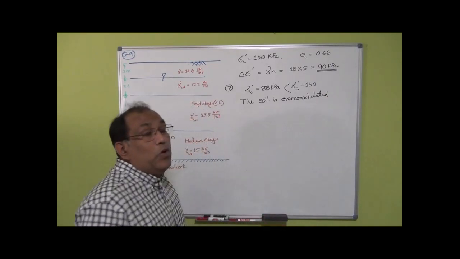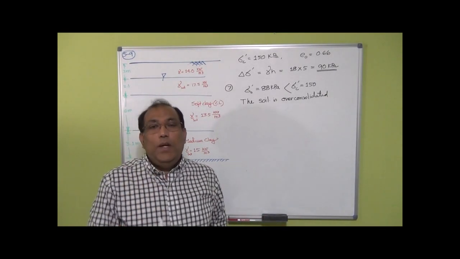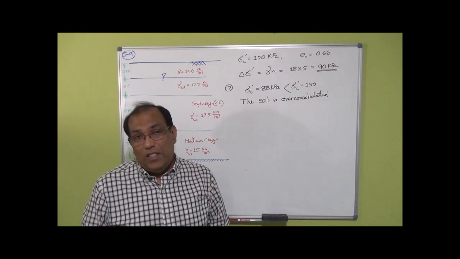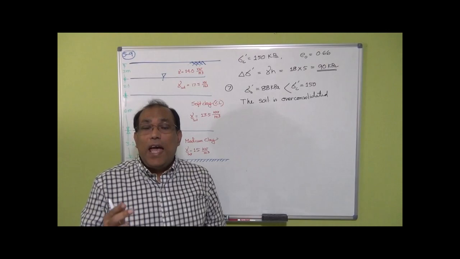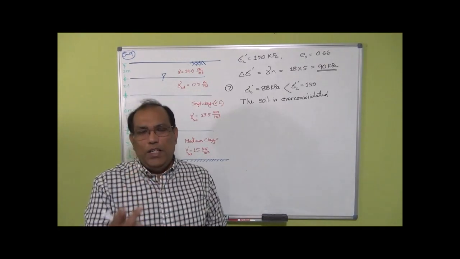In your book you will see if the soil is normally consolidated, you have one equation for your total primary consolidation settlement. If you have over consolidated soil, then you have two equations there.